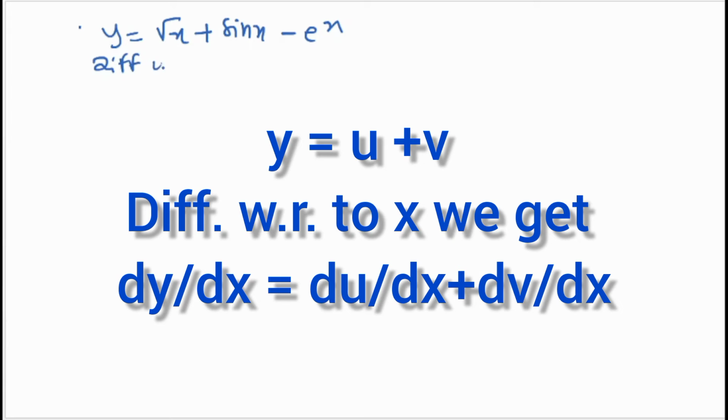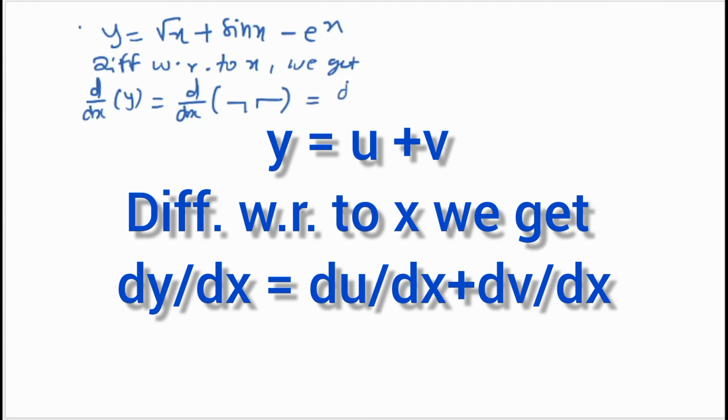Differentiating with respect to x, we apply d by dx on both sides. d by dx of y is equal to d by dx of the example written as it is, then apply d by dx separately: d by dx of root x plus d by dx of sine of x minus d by dx of e raised to x. So according to the formula, we have already seen the formulas.